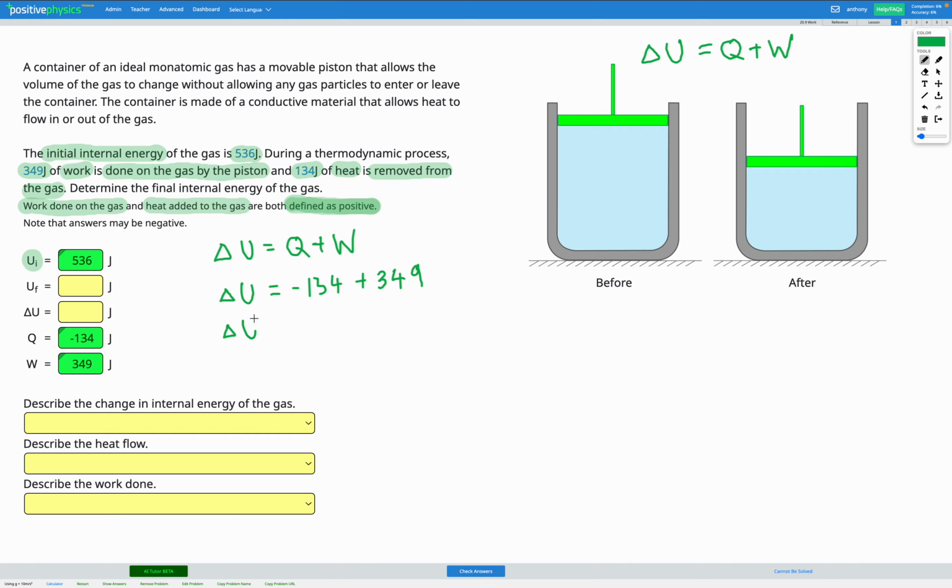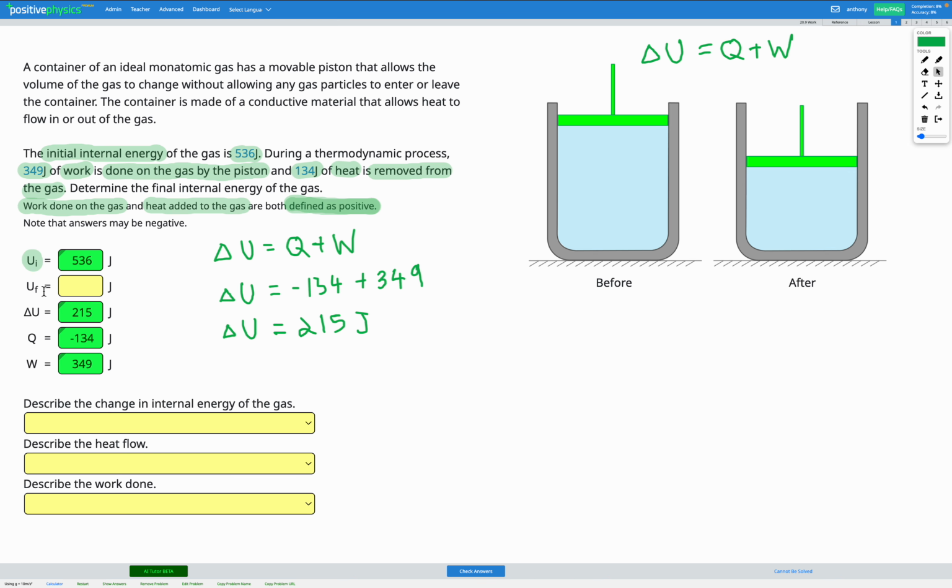If we put that into our calculator, we're going to get a value for the change in the internal energy of positive 215 joules. So we can go ahead and fill that in. Delta U is positive 215.